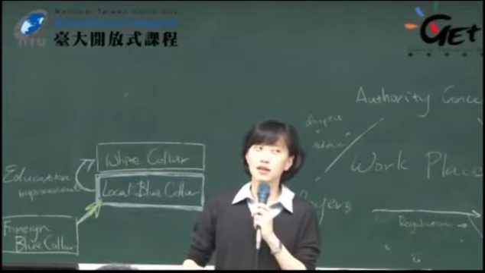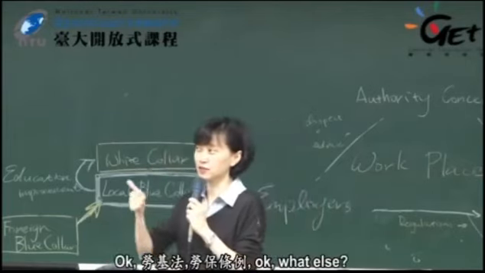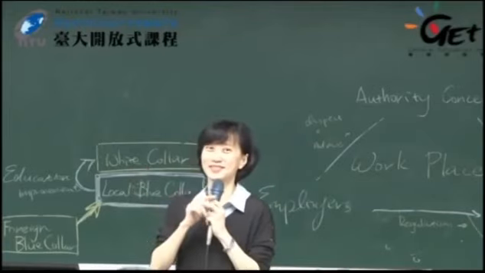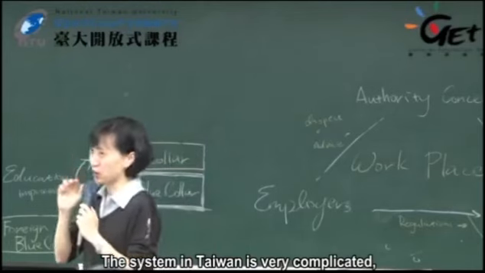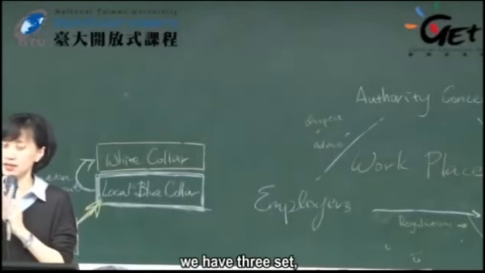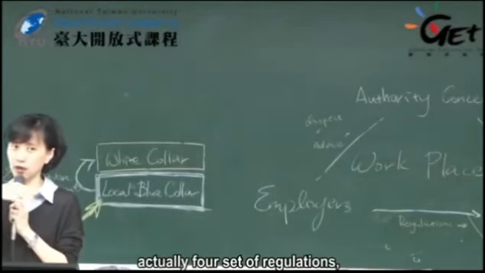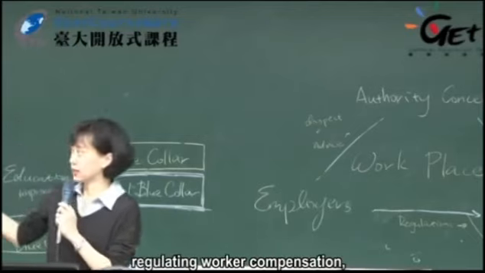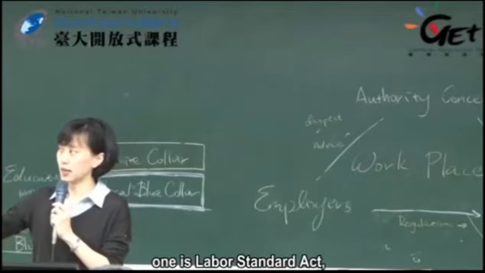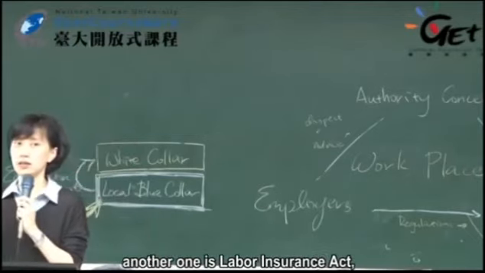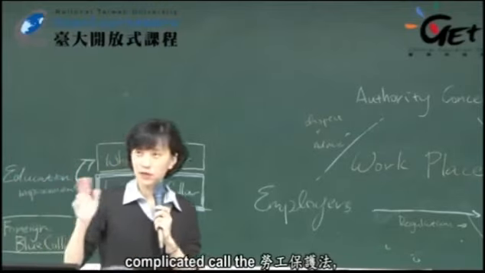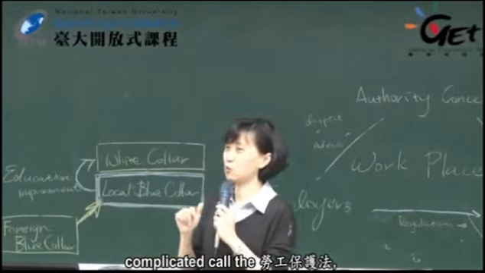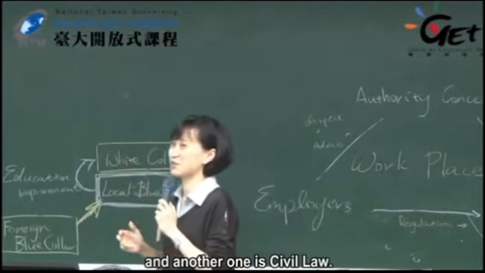Labor Insurance Act, okay, Labor Standard Act, Labor Insurance Act, what else? Okay, the system in Taiwan is very complicated. We actually have four sets of regulations regulating worker compensation. One is the Labor Standard Act, another one is the Labor Insurance Act, another one is complicated, and another one is civil law.